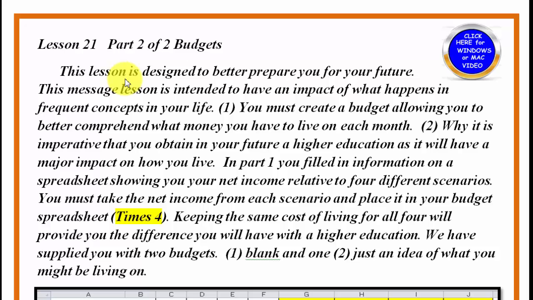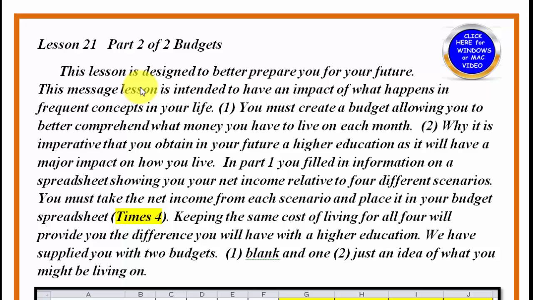In part 1, you filled in information on a spreadsheet showing you your net income relative to 4 different scenarios. You must take the net income from each scenario and place it in your budget spreadsheet. You're going to take it times 4, so it's a whole month, because in your payroll spreadsheet it was for 1 week.